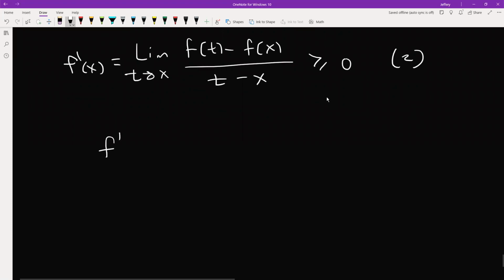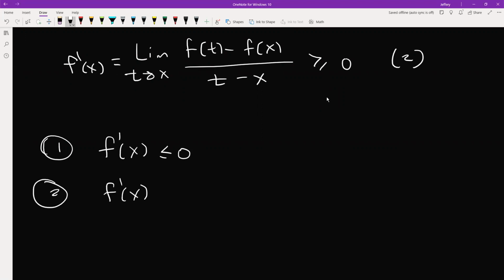By equation 1, f prime of x is less than or equal to 0. And by equation 2, f prime of x is greater than or equal to 0. So what does that mean? Well, since they're both true, that must mean that f prime of x is equal to 0. And so we have it there.